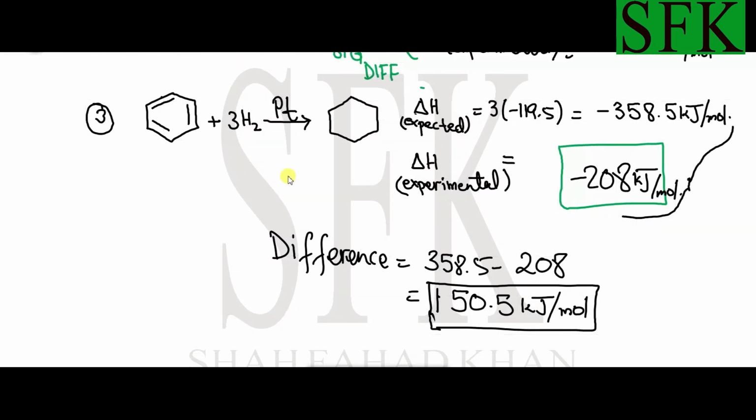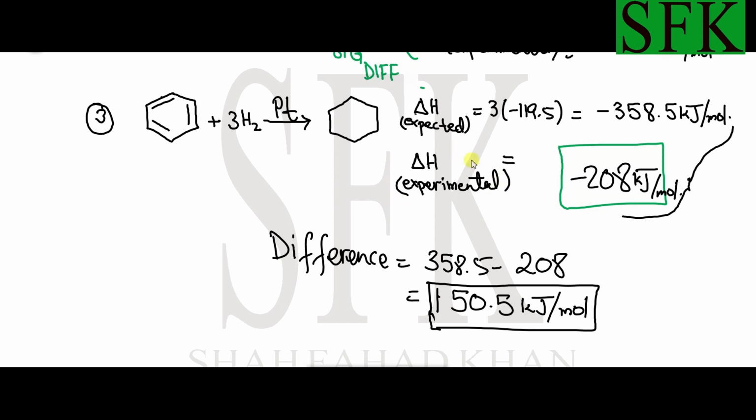In the third case, when we reacted the benzene ring, the Kekulé structure of benzene, with hydrogen gas in the presence of a platinum catalyst and converted it into cyclohexane, the expected enthalpy change was minus 358.5 because we multiplied it by 3 due to the three double bonds present in this structure. But the experimental enthalpy that turned out was very astounding.